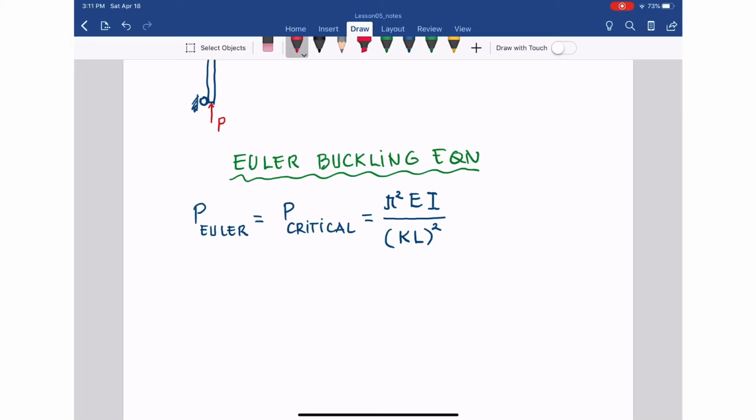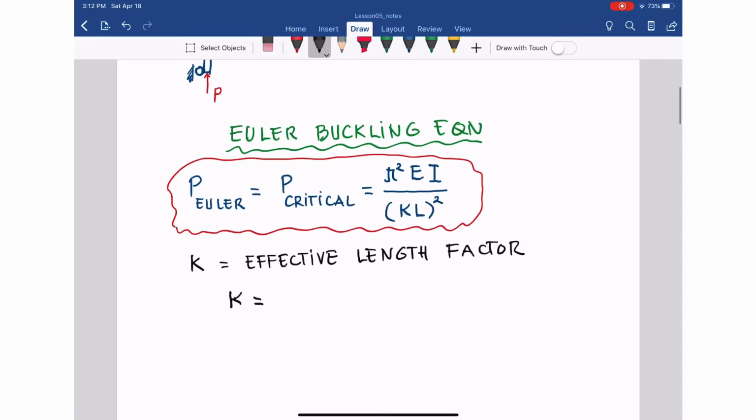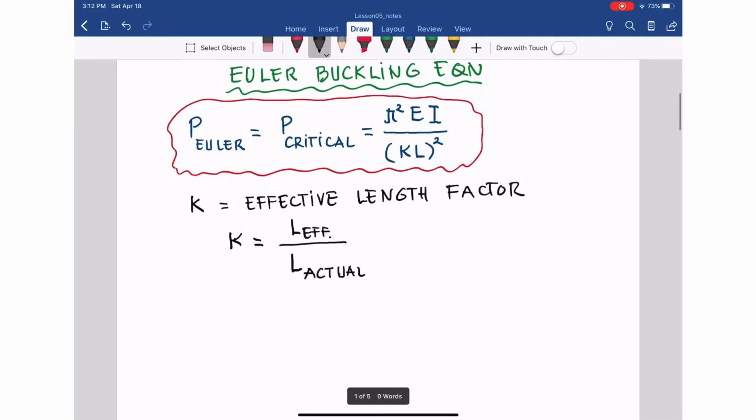So let's box the Euler equation, or critical load, for a member subject to buckling, and let's define K. K is the effective length factor, and it is measured by the equation K equals the effective length divided by the actual length, which is the actual geometric length of the structure.